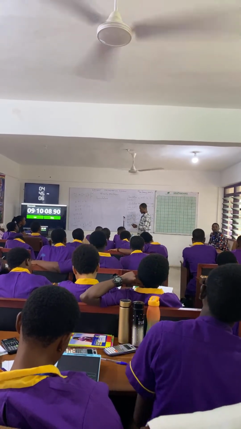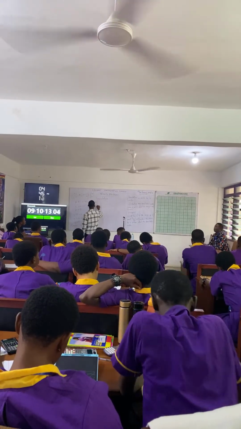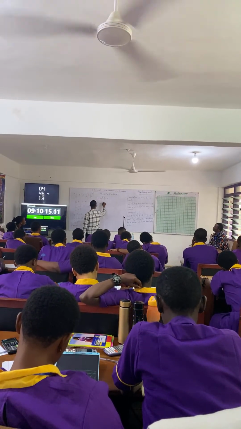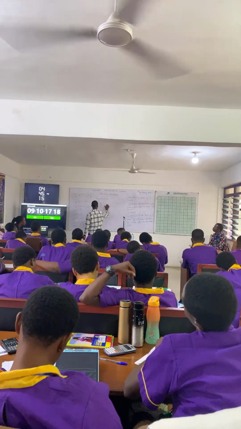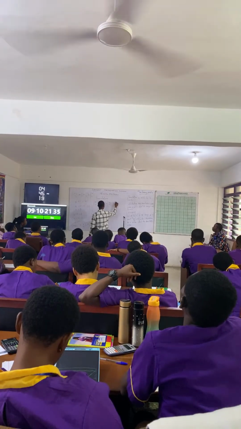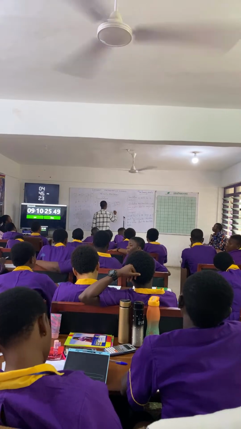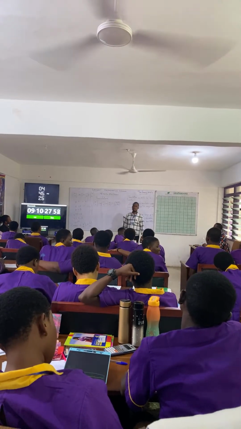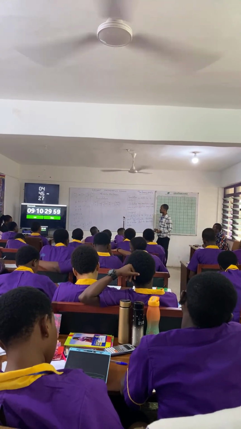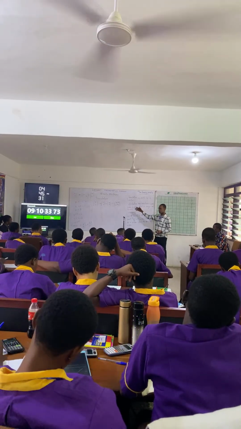So let's go by the rule for the translation vector. It says (x, y) maps to (x, y) plus (a, b) equals the image (x + a, y + b). So let's look at the information we have here and substitute the points accordingly in the rule.